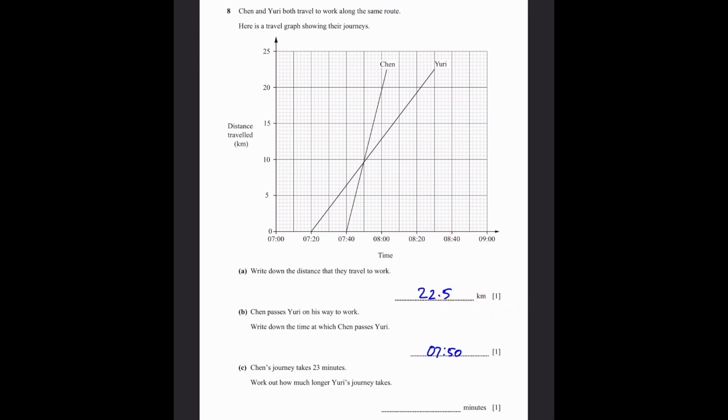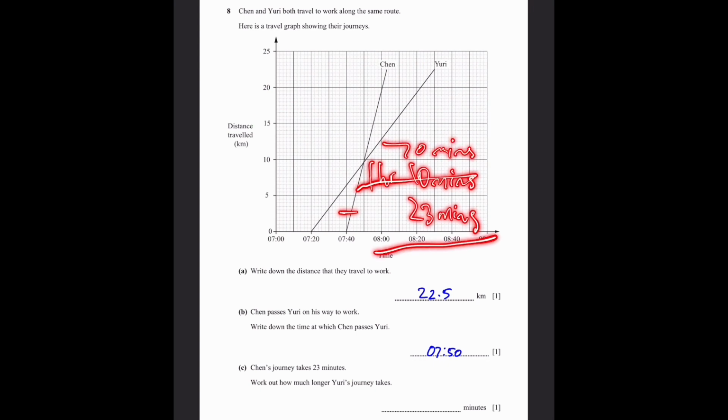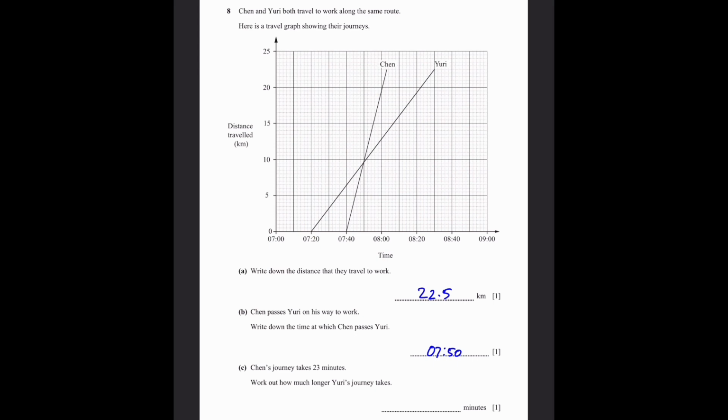Therefore, it takes a total of 1 hour and 10 minutes, which is 70 minutes. And then when we subtract 23 minutes, we get the answer as 47 minutes. And that is the extra time that's taken by Yuri, 47 minutes.